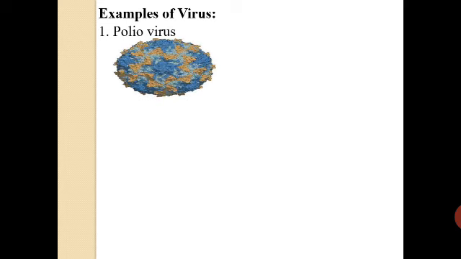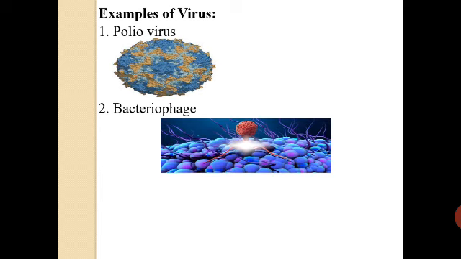Next we have examples of virus. That is, first is polio virus. You might have heard about polio, that is caused by virus only. You can see the shape. Bacteriophage, another virus. You can see the shape, how it looks like.